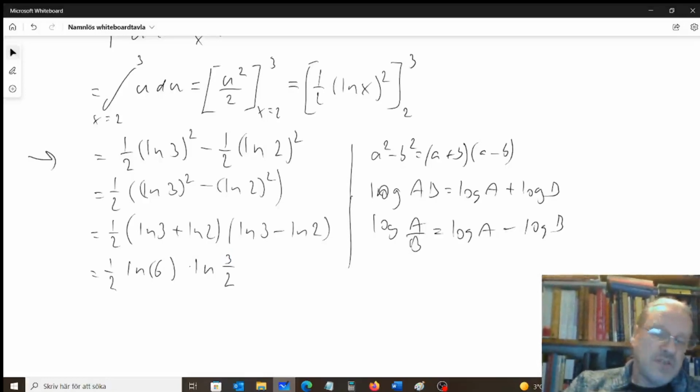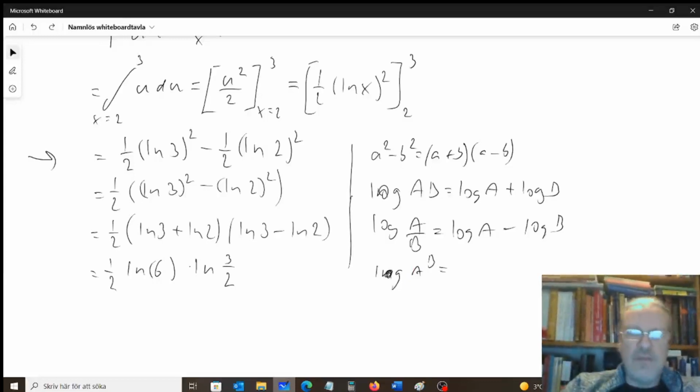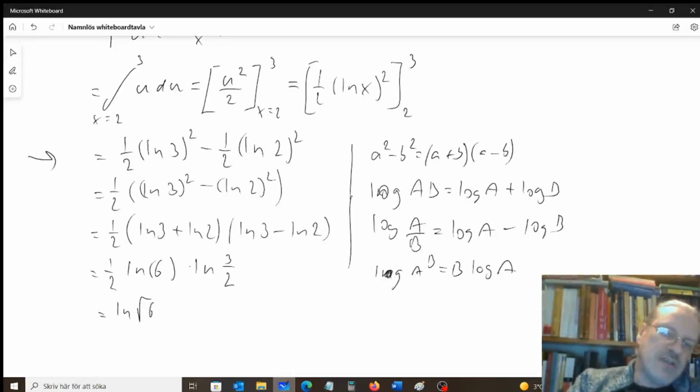And if the question was to write this as a product of two logarithms, we need to get the half into one of the logarithms, and we can use the rule that log of a to the power of b is b log a, right? And we can do the opposite, we can move this half into this, and 6 to the power half is the same as the square root of 6, so we will end up with ln of square root of 6 times ln of 3 halves.